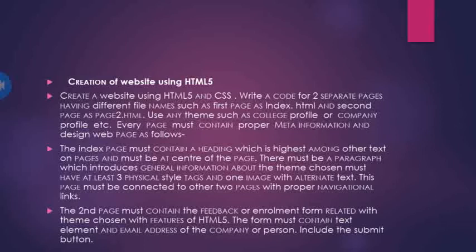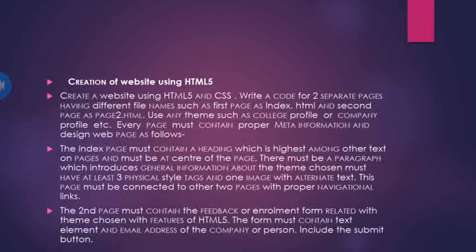So in this way, you have to create 3 different pages. On the first page, create a link to attach it to the second page, and on the second page, in the same way you can also use an image, and you can also use the image as an href tag to connect the pages. If you don't want to take an image, you can simply link it by using href and connect the second page with the third page, and also try to connect the third page with the first page.